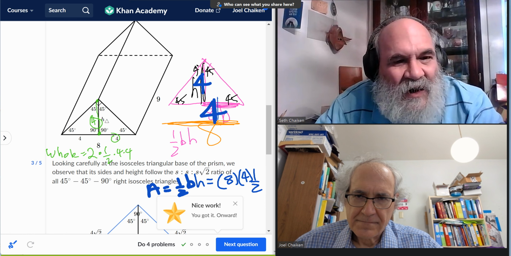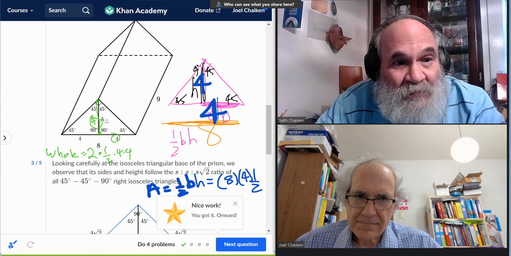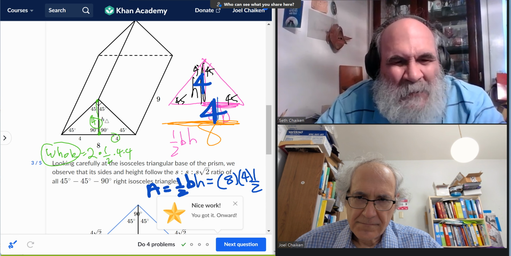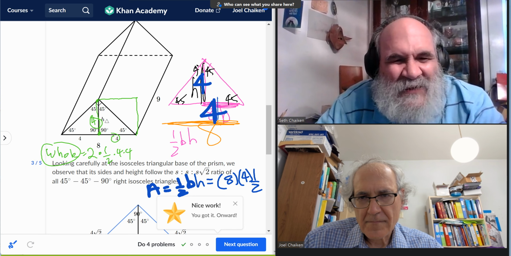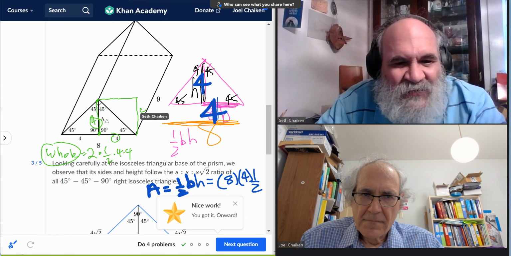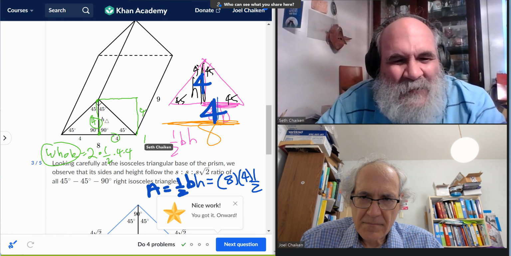However, a more clever way is to realize that the area of the whole thing could be obtained by doubling this right triangle by sort of moving it over here. Then the area of the two triangles together is equal to the area of this square. That's the 4 by 4 square. So the area of the base is 16.